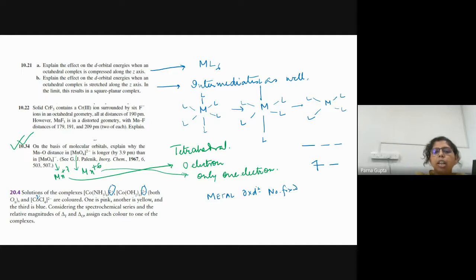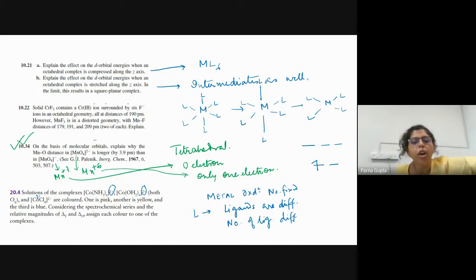Now look at the ligand. First point, the ligands are different. From the first two to the third one, the number of ligands is different. So now how do you think about the color?